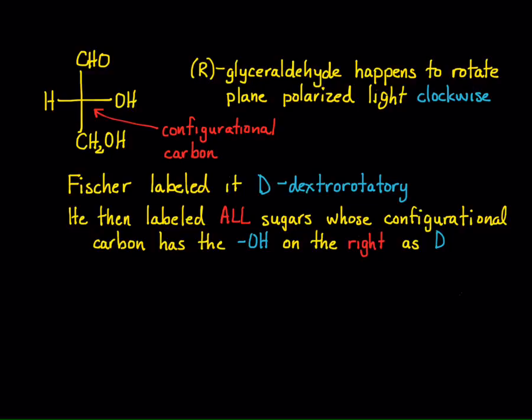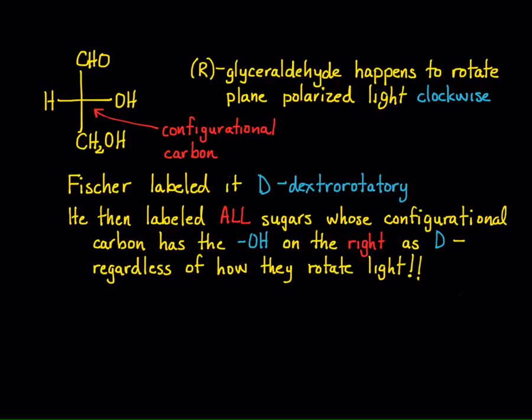So one molecule may be labeled R and rotate plane polarized light clockwise, and another might be labeled R and rotate plane polarized light counterclockwise, and so it doesn't matter. Fischer labeled them all D, in which case the configurational carbon has the OH on the right, regardless of how they rotate light. So it's important to understand that when we talk about D, and of course then there's L, levorotatory, those have nothing to do with how they rotate plane polarized light, except for glyceraldehyde.